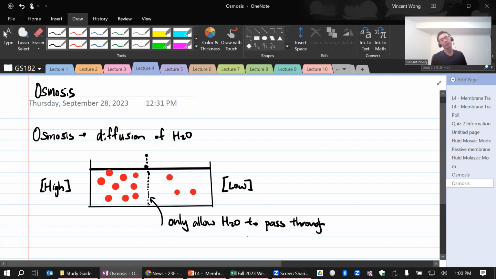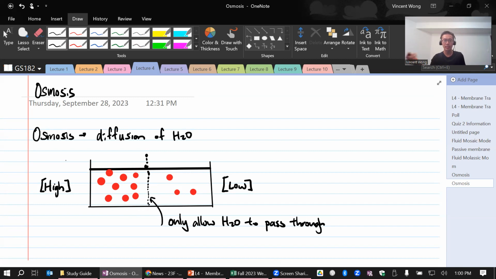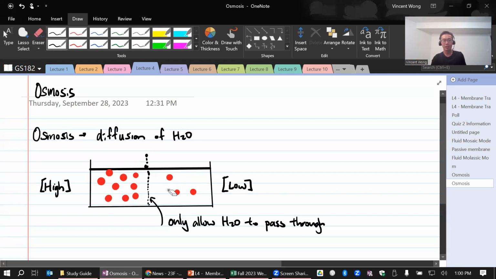So even though the red circles want to go to the right, down their concentration gradient, they cannot do it because the barrier is blocking them. You see the hole is really small. The red circle will not fit. So the only thing that can move in this case is the water. Which way will water move?